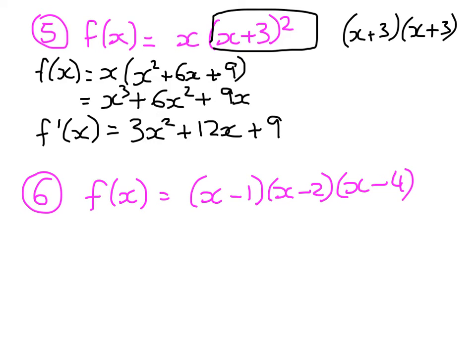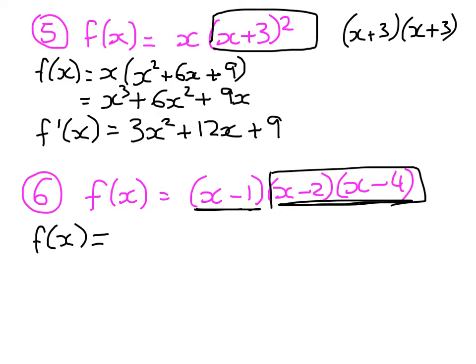That's all good. Next one has got you expanding a cubic. So it doesn't matter which two you start with. I'm going to expand the back two brackets first. So we'll have x minus 1 times x squared minus 2x minus 4x plus 8.